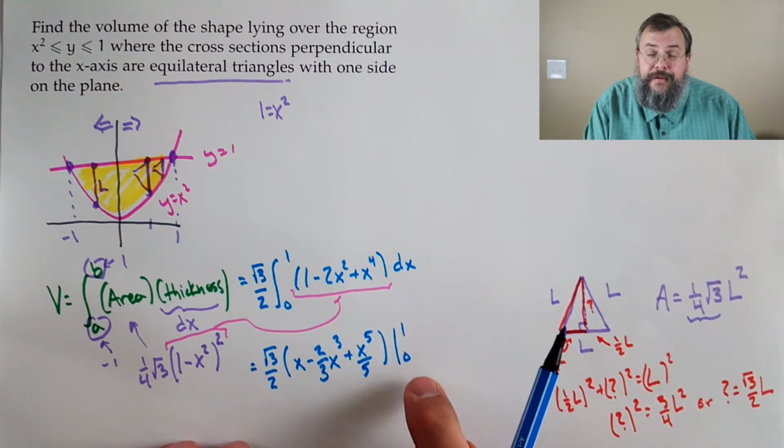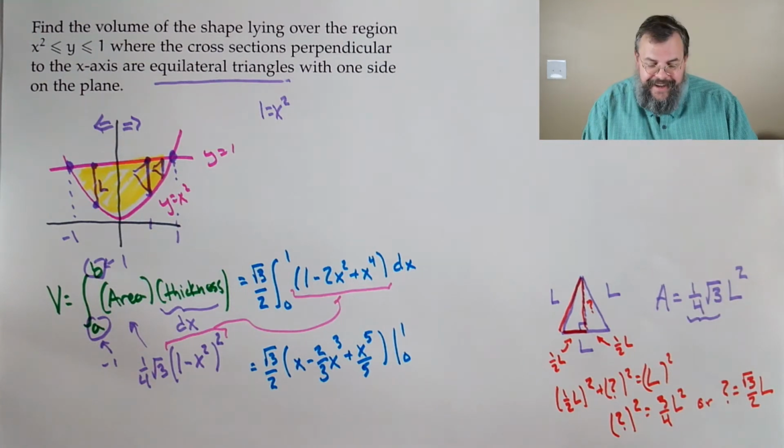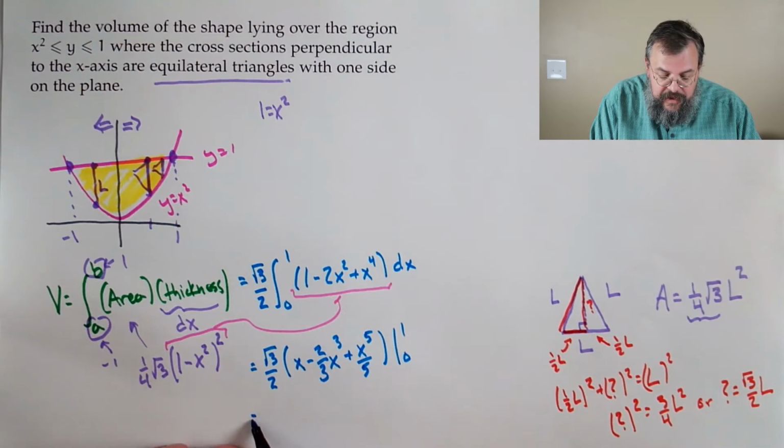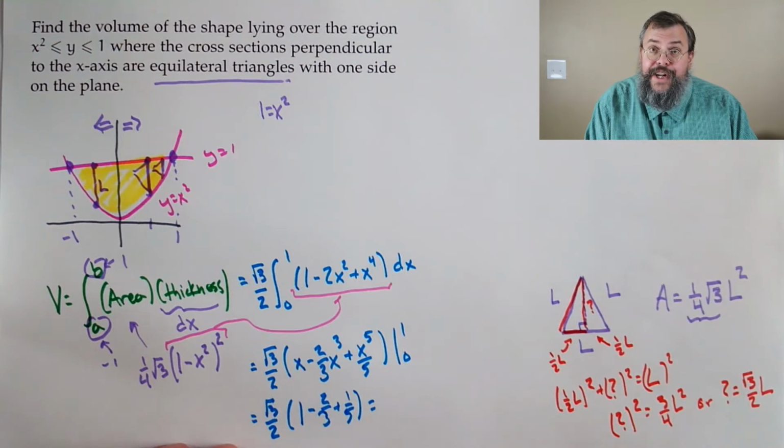See, here's where the 0 comes in handy. Poof, goes away. Nice. All right, we got to do the 1, right? Okay, so this is root 3 over 2 times 1, subtract 2 thirds, add 1/5. Well, let's clean it up.